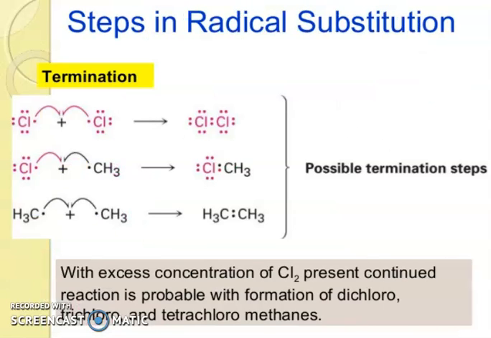So termination steps, chlorine radicals combine together, methyl radicals combine together, methyl and chlorine radicals combine together, and other possible termination steps. With excess concentration of Cl2 present, continued reaction is probable with the formation of dichloro, trichloro, and tetrachloromethane.